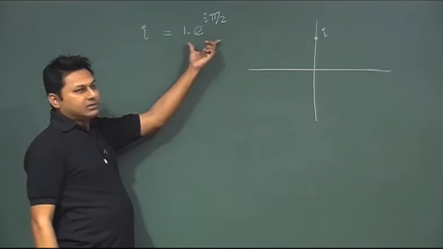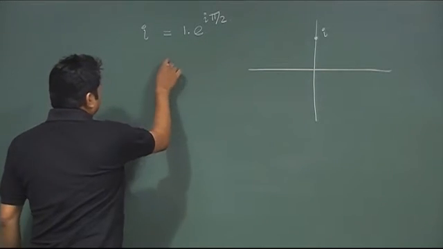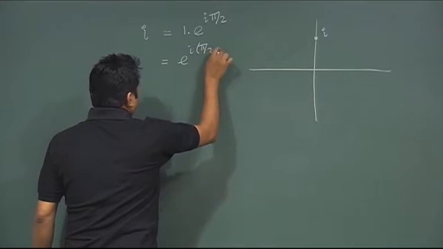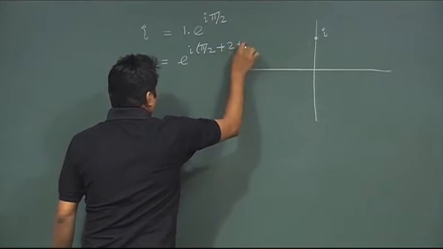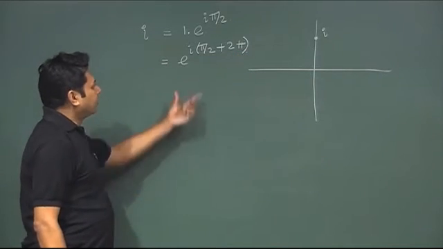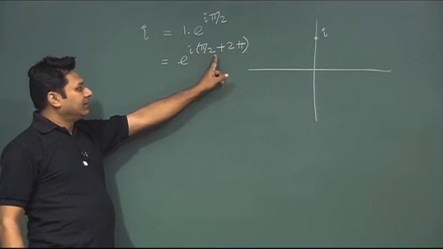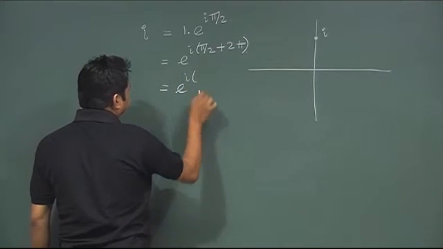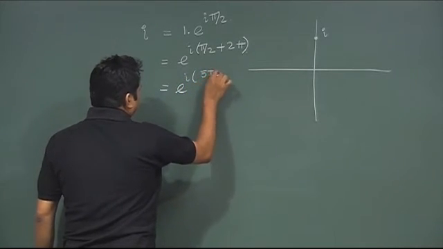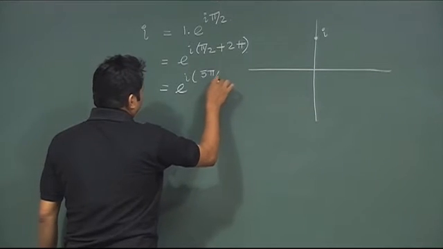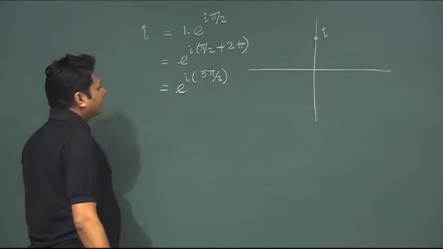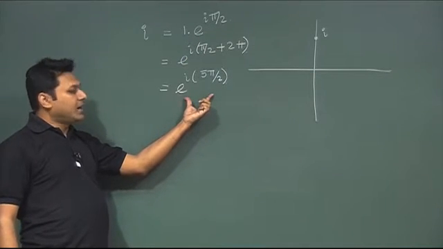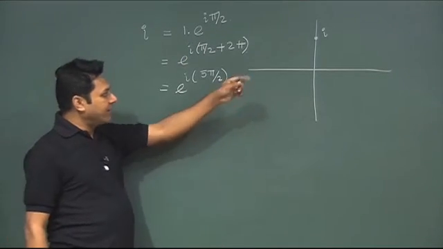But as I mentioned, if I add 2 pi with that, e to the power i pi by 2 plus 2 pi is also the same value, which is e to the power of i 5 pi by 2. So, e to the power i pi by 2 and e to the power i 5 pi by 2 both are giving the same i.